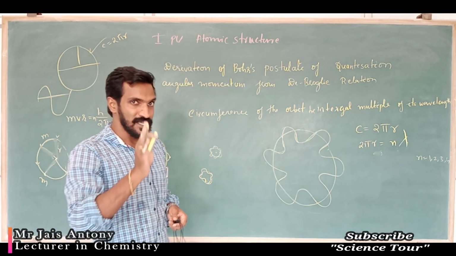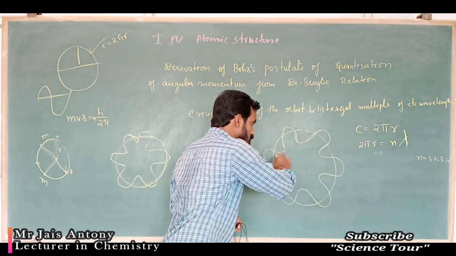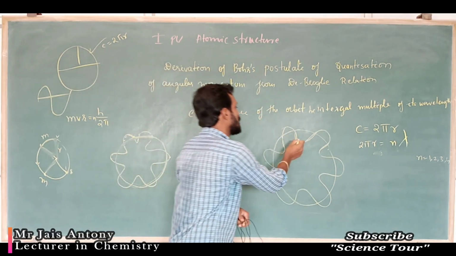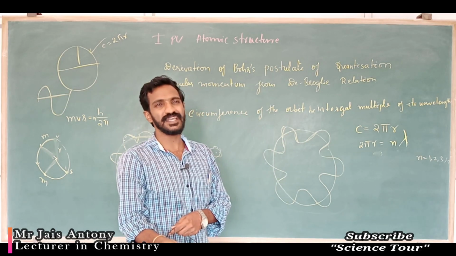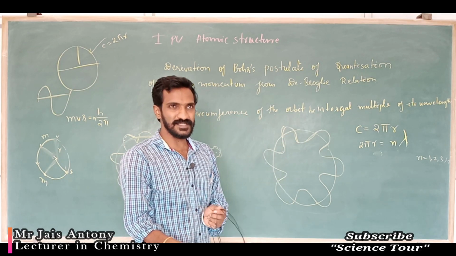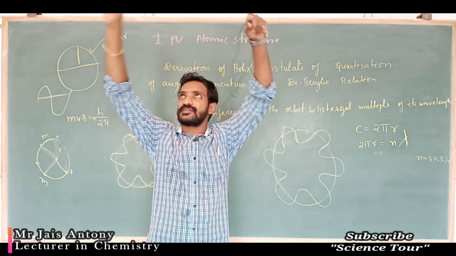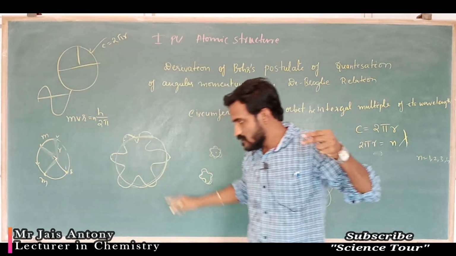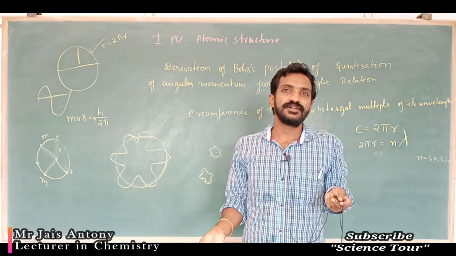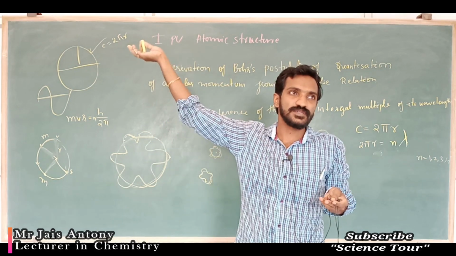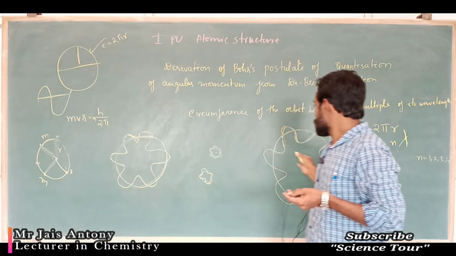That means electron moves in a circular path, but it moves like a wave. That means if the movement is bigger like this, it forms a bigger circular path. It is nothing but circumference increases. It depends on what?